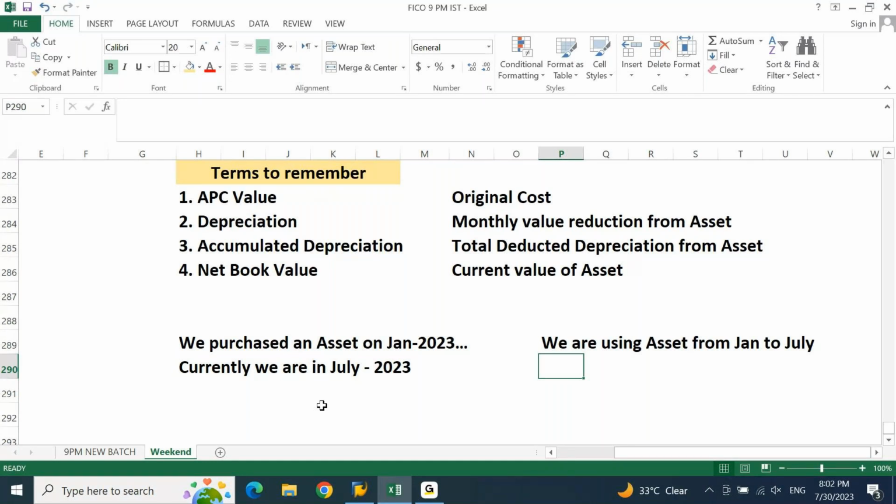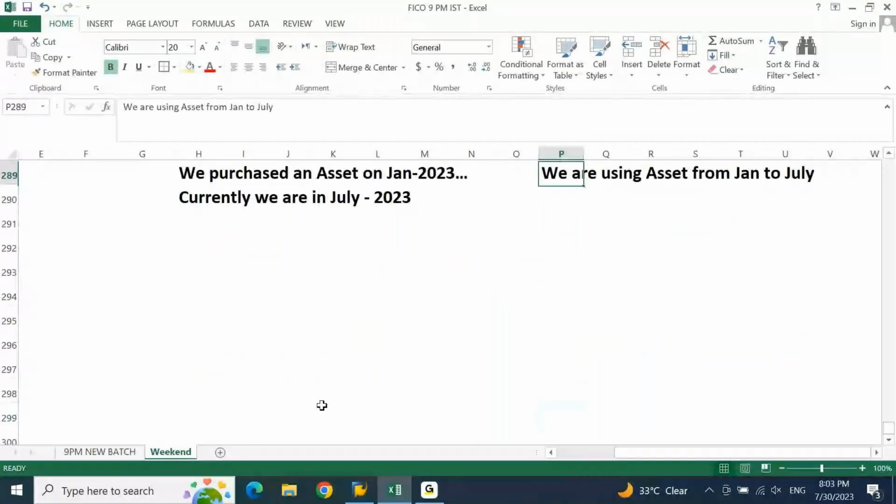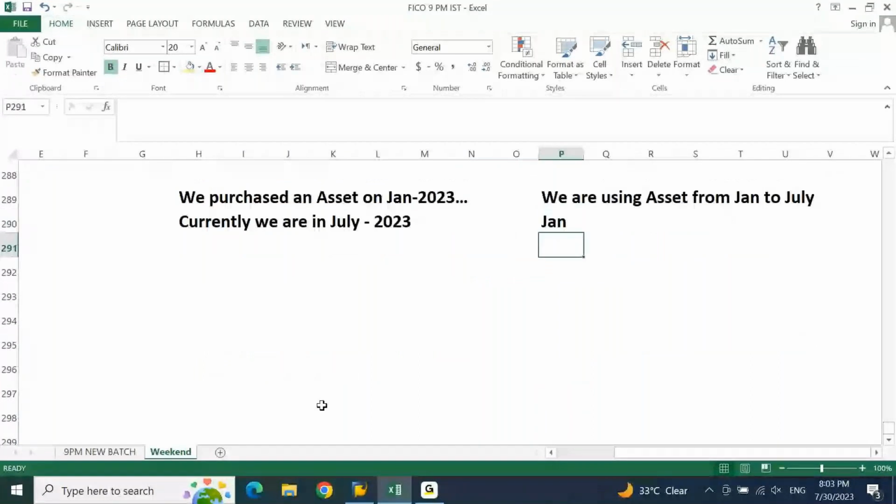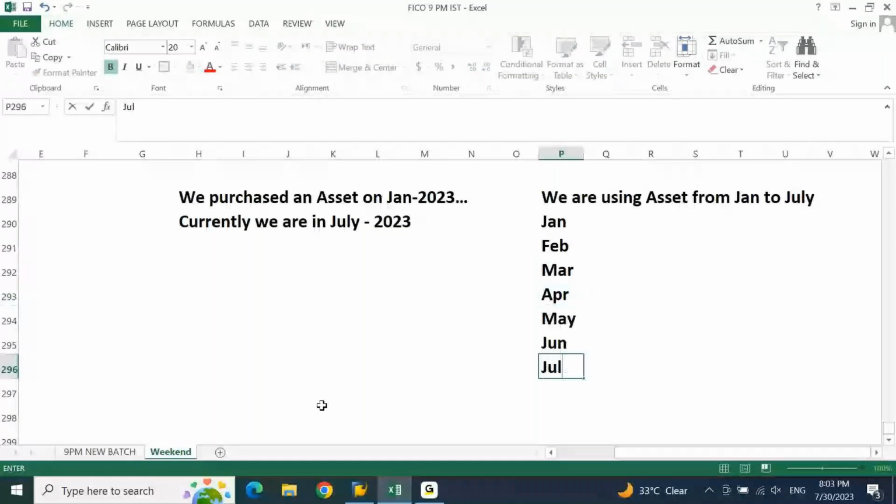Both are reducing value from the assets. Correct. The points that I'm writing now will answer your question. So according to this, we are using the asset from Jan to July. So I will write January, February, March, April, May, June, and July.